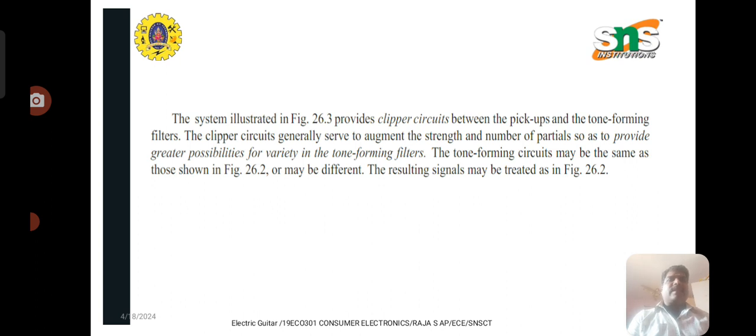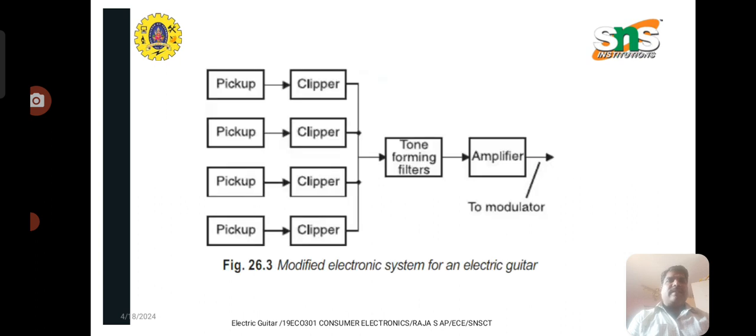The resulting signals may be treated as in this next figure, a modified electronic system for an electric guitar. Whatever the pickup sound is, it is given to the clipper. The clipper is the medium which clips the wanted signal and removes the unwanted signal. Then it is given to tone forming filters, followed by an amplifier and a demodulator circuit.